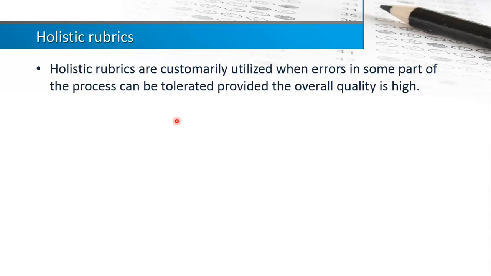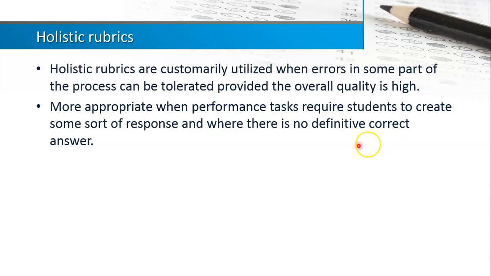We do not bother to judge the other details, but use this as a quick way to give students feedback or to get information about the overall quality of the students' performance or work. It is also used when there is no definitive correct answer, because we are looking at things as a whole.